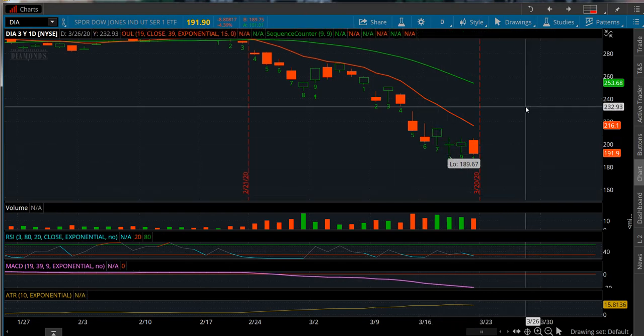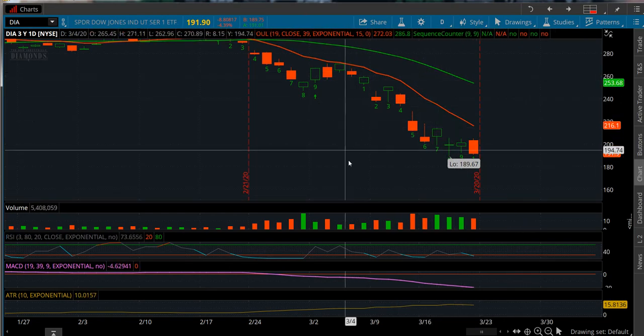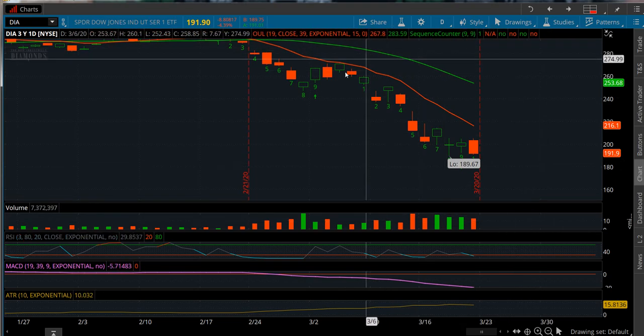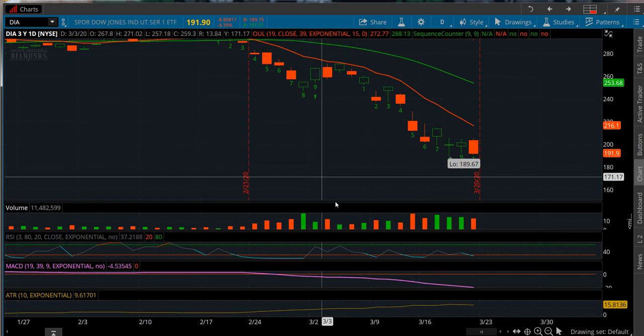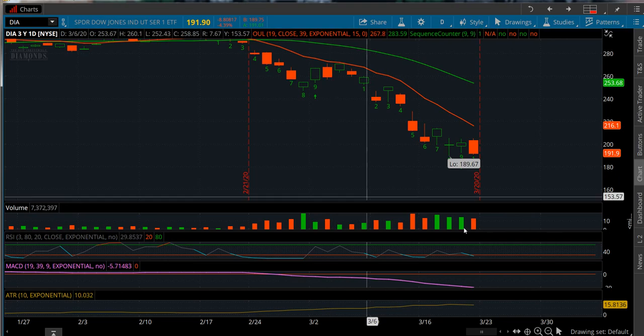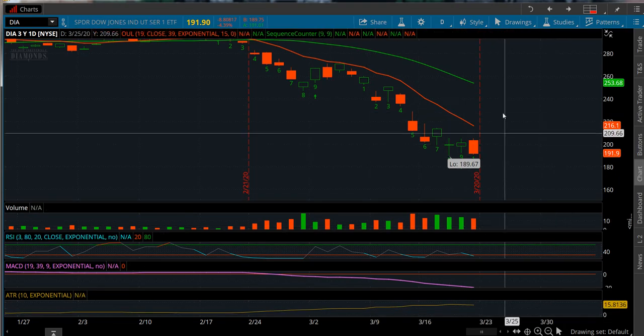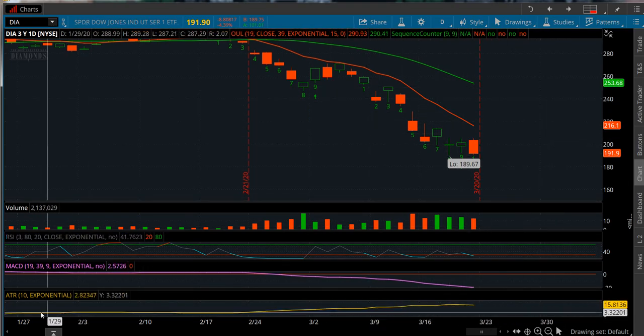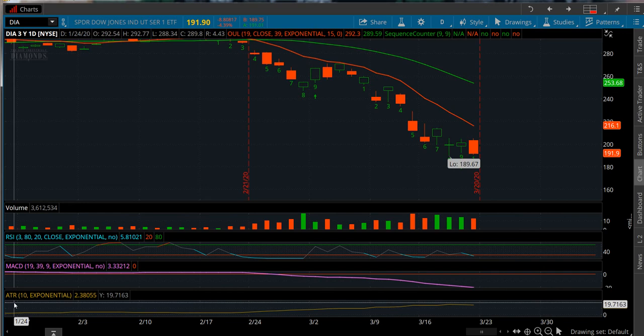And in most cases, you want to give enough wiggle room for whatever it is that you're trading to move at least one average true range prior to being stopped out.